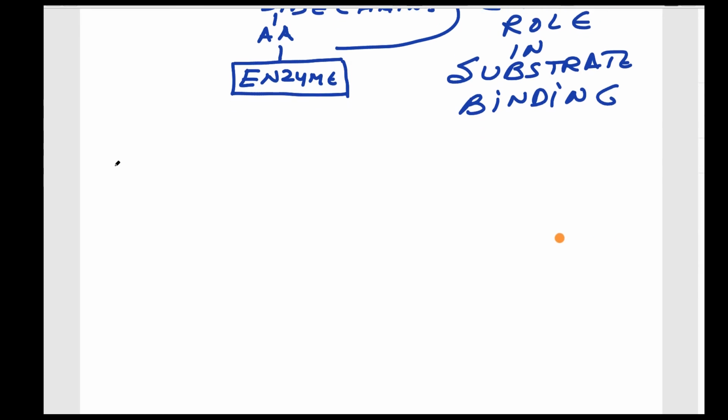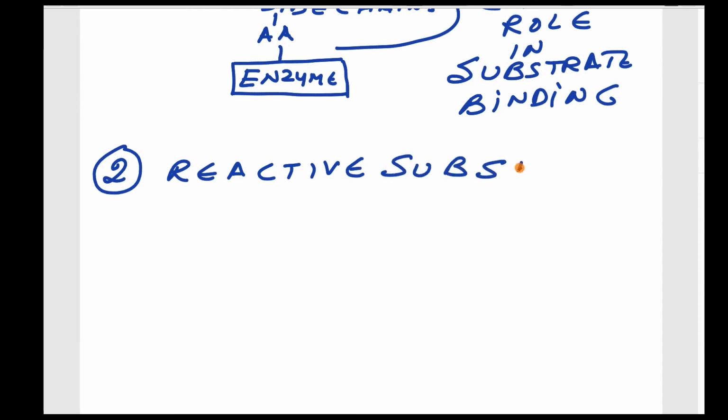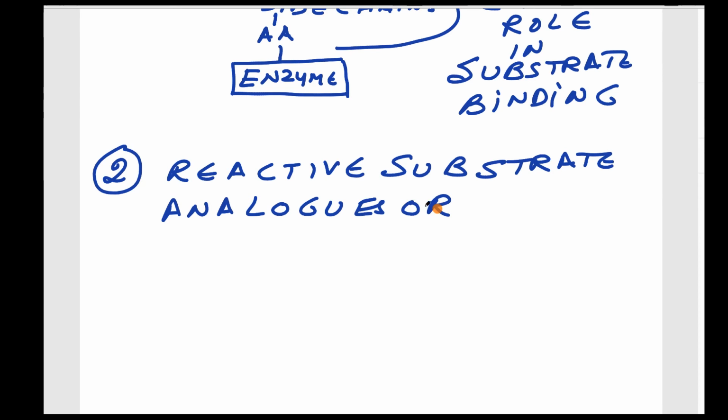The second category is reactive substrate analogs, or affinity labels.